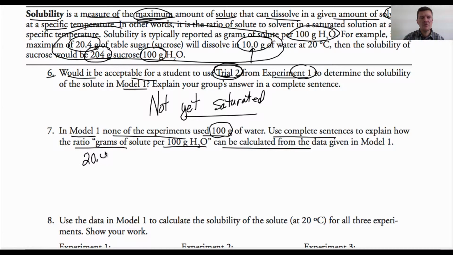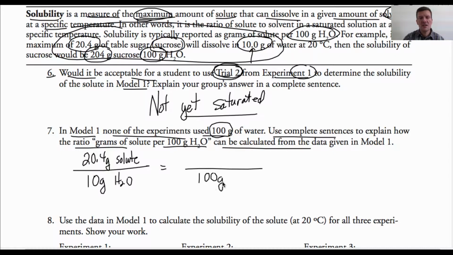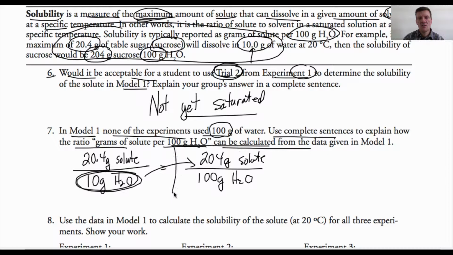If you've got 20.4 grams of your solute, in our example here it was sugar, in 10 grams of water, and you want to find out how much solute that is going to be in 100 grams of water, you can just set up a proportion. Well, obviously 10 times 10 gives me 100, so I have to multiply this by 10 to give me 204 of the solute. That's how you can use a quantity other than 100 to find out what the saturation is, and then use a proportion to write it per 100 grams of water.